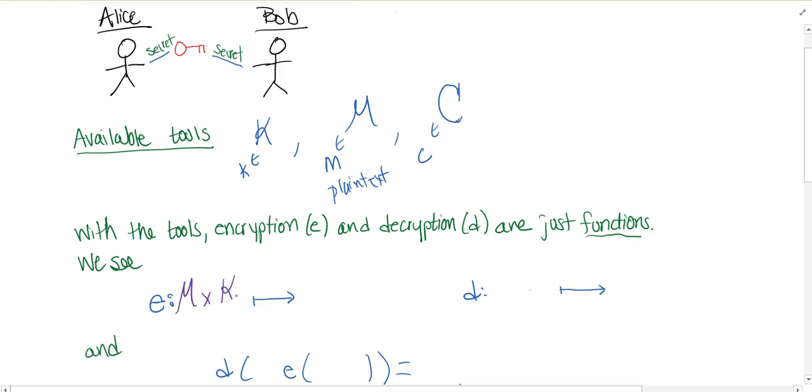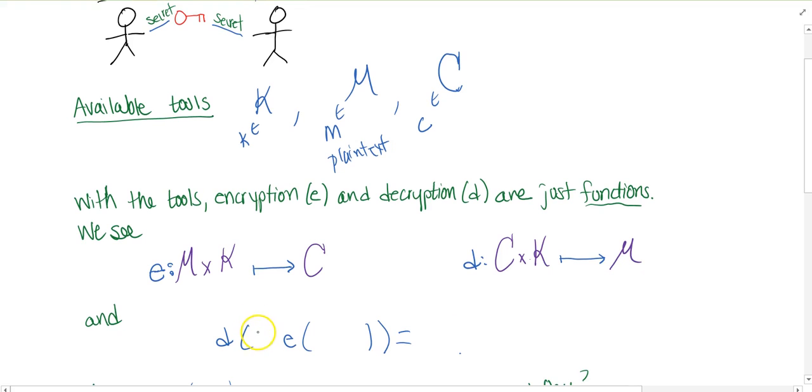It's a mapping from the domain that is a Cartesian product of M and K, and it produces a ciphertext C, versus decryption, where we take the ciphertext and the key and produce the plain text M. So if we look at the composition of these, it shouldn't be any surprise that if we decrypt using the key k and the encrypted message, which is our ciphertext C, then what we should get out is our message back. Okay, so inverse functions, right?